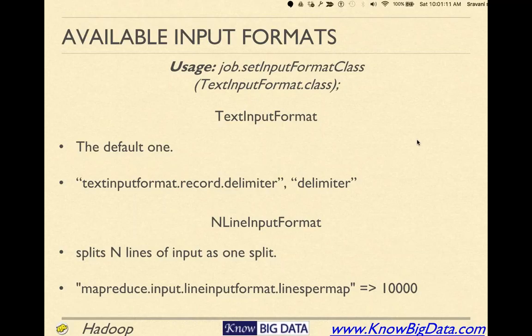And based on that, input split is also being created. There is no separator between one input split and another input split. It is the same separator as between two records. So input data is split into records, and a bunch of records make the input split.